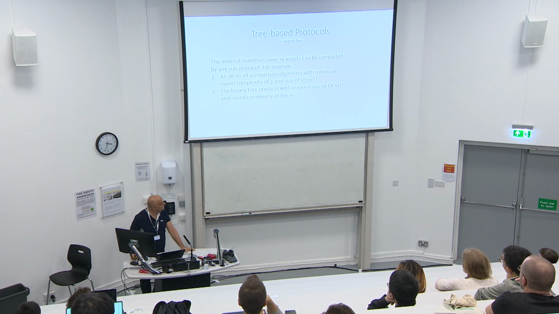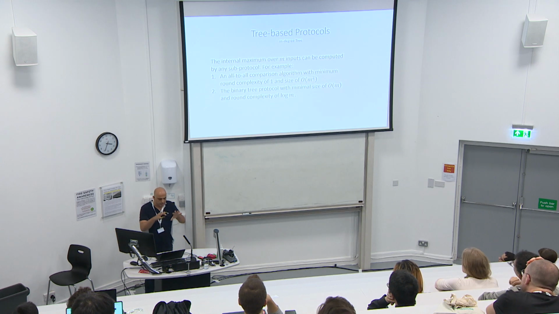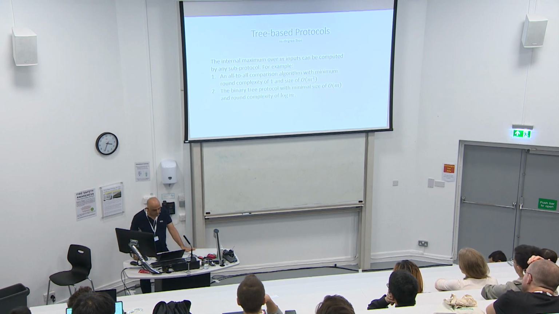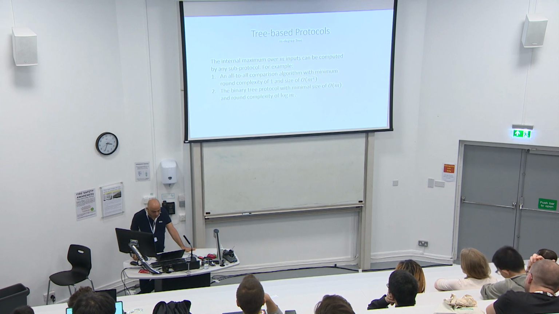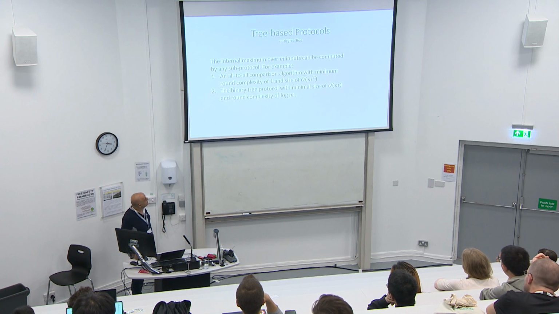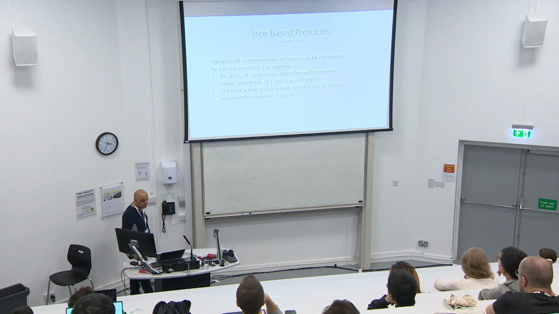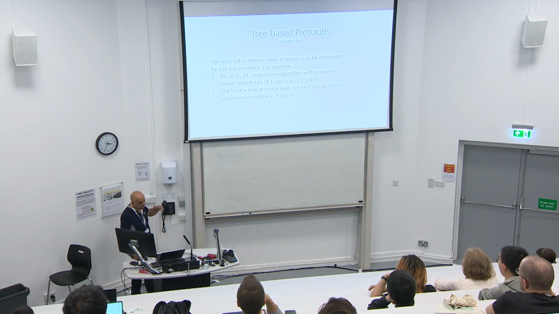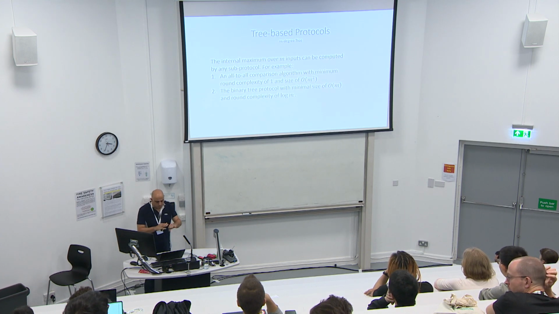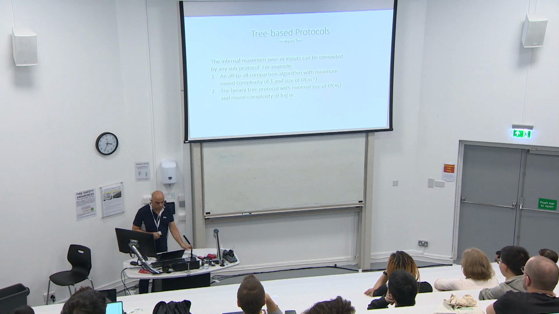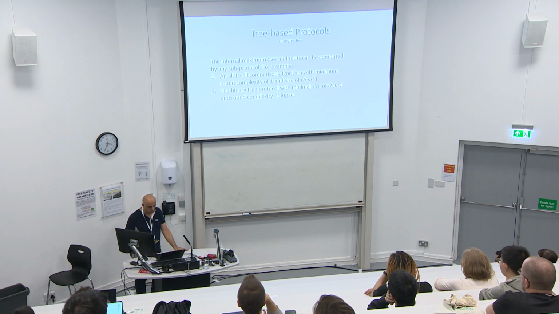We can use an all-to-all comparison algorithm that compares all pairs in that set of m values, and if we do that, we get a round complexity of 1, which is minimal, but the size will be maximum, O of m squared. On the other hand, we can apply here the binary tree approach, which offers a minimal size of O of m, and a round complexity of log m. So it is up to you how to open up this little box of computing the maximum among m inputs.